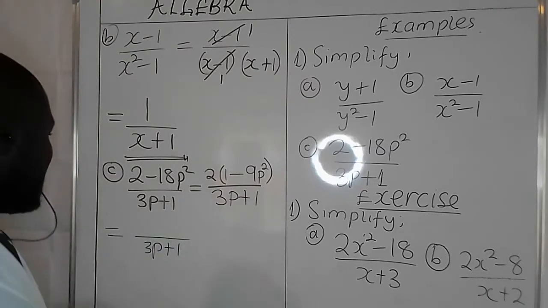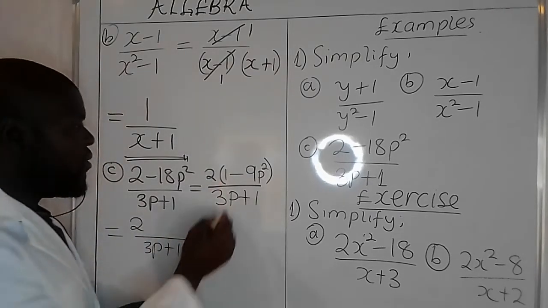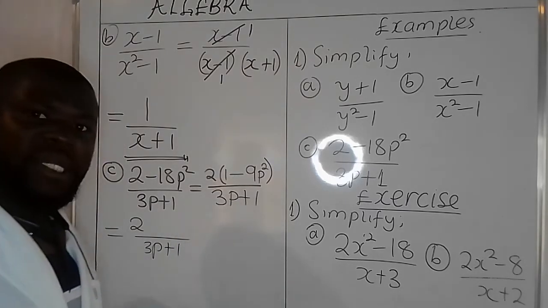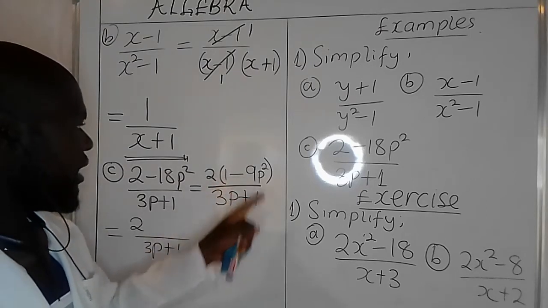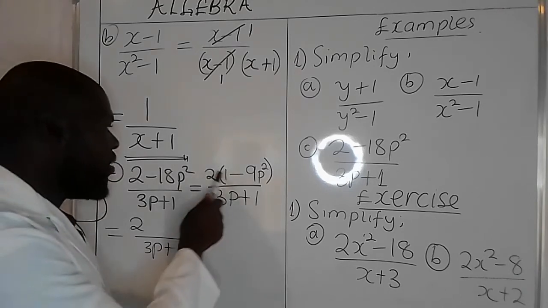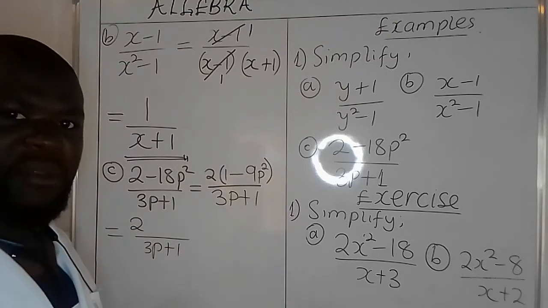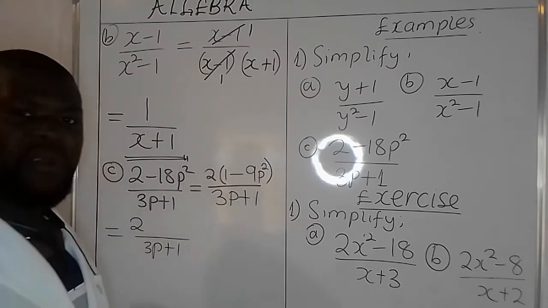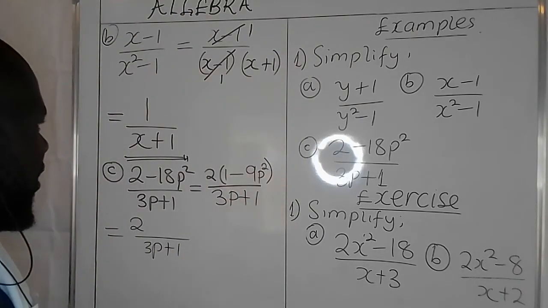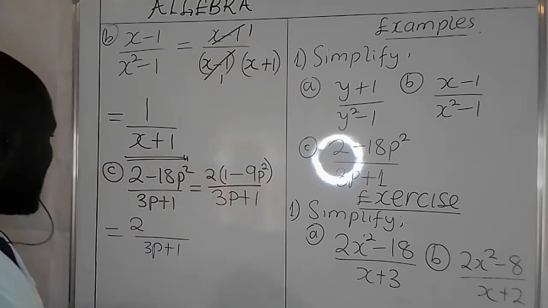On the numerator, we have the 2 outside. Now, when you look at the expression inside the brackets, you will see that it is now a difference of two squares. 1 is a perfect square, there is the subtraction, and 9 is a perfect square, and p square is also a perfect square. So this is a difference of 2 squares, and we need to factorize it.